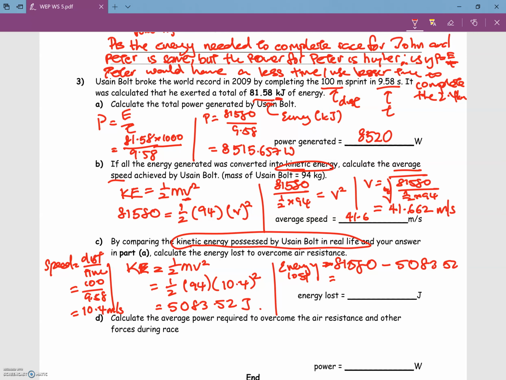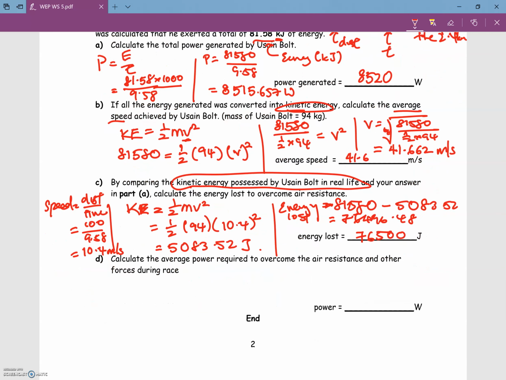So 81580 minus 5083.52. What I'm going to get is 76496.48. So if you round off to 3 significant figures, it will be 76500 joules. So this is the energy lost.